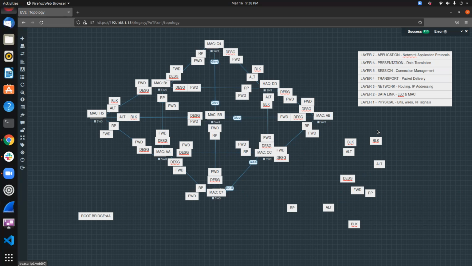So using the rules again, that we discussed before concerning the order, I looked at BB being that it had a lower bridge ID than C7, but C7 to CC and up to AB.